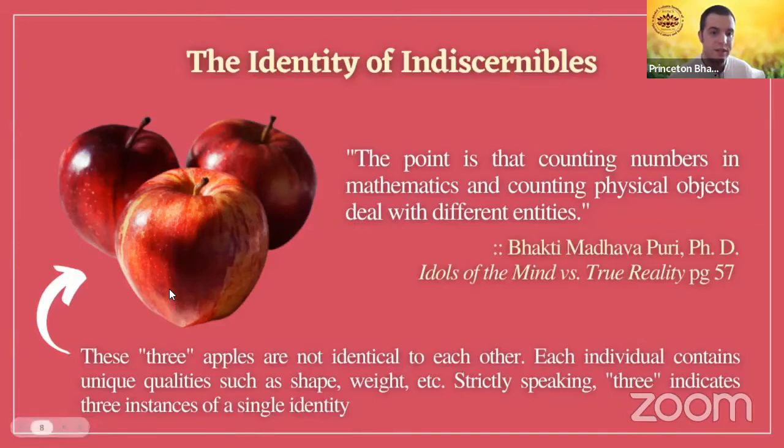Each individual contains unique qualities such as shape, weight, etc. Strictly speaking, 3 indicates 3 instances of a single identity. We uncritically will say, 3 apples, but these are not 3 instances of the same thing. We can see just by the shape. These apples have different shape, what to speak of their weight, color, and other characteristics.